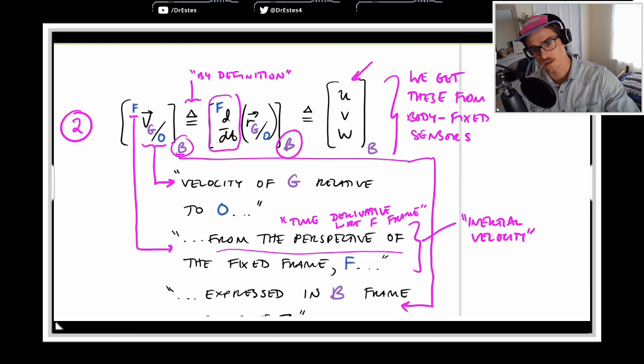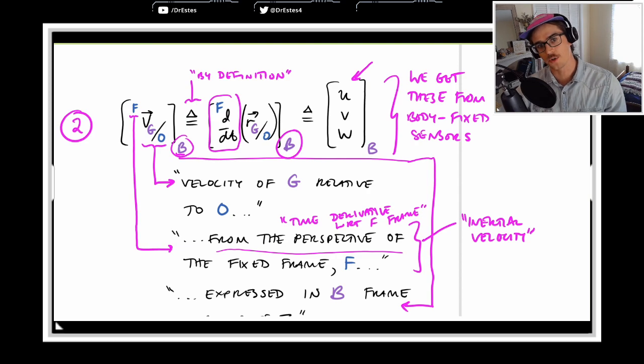So there's still some velocity. Now, I have a different set of components, U, V, and W, from that perspective sitting on the plane that describe that velocity. It is tricky.